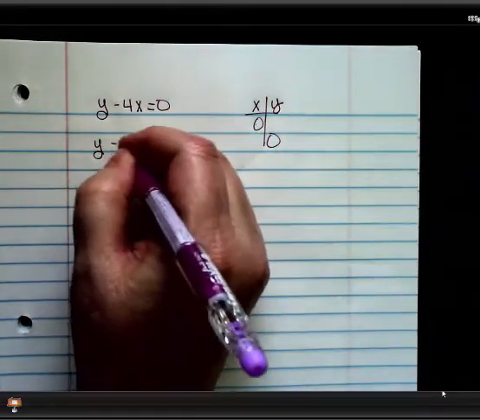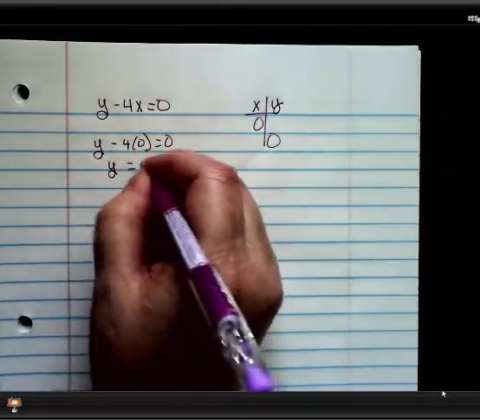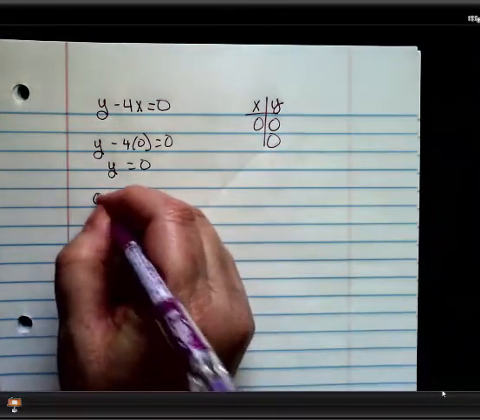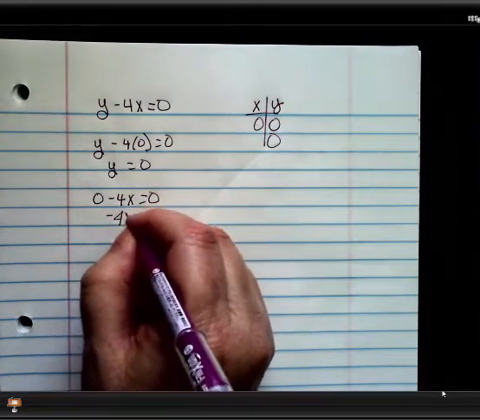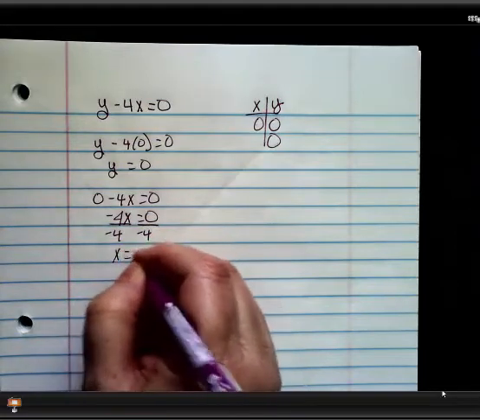I would get y minus 4 times 0 equals 0, y equals 0. Plug in y for 0. 0 minus 4x equals 0. Negative 4x equals 0. Divide by negative 4, and x is 0.